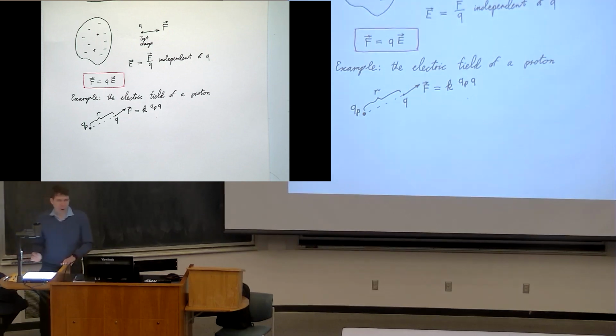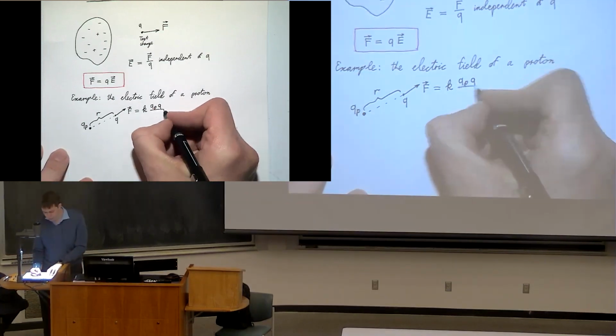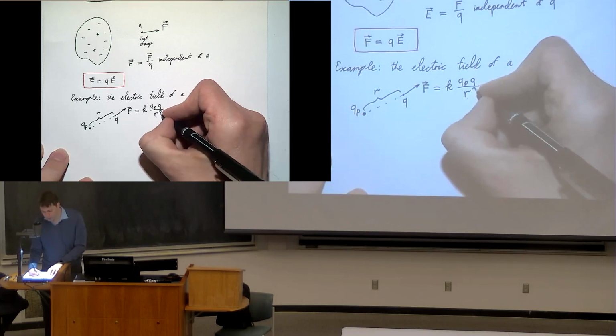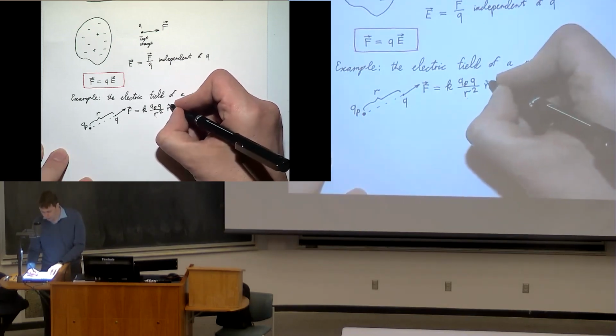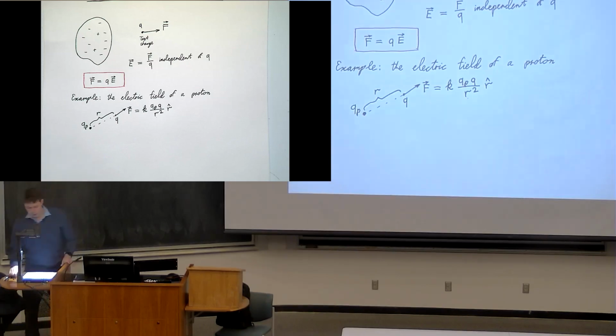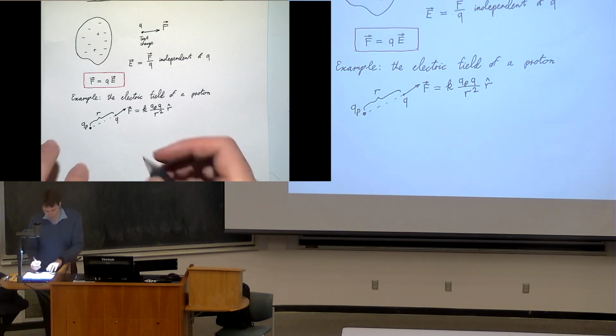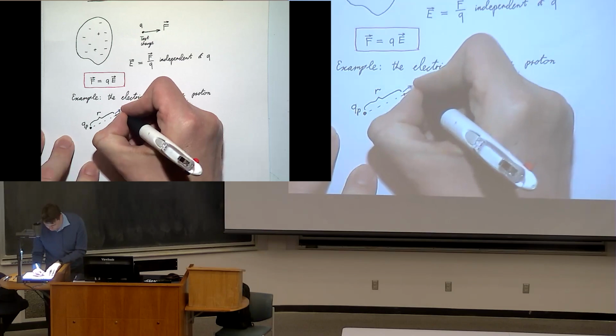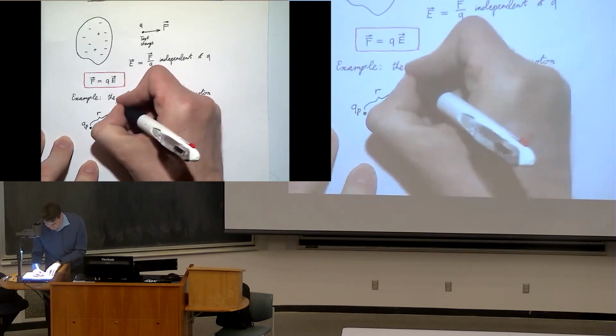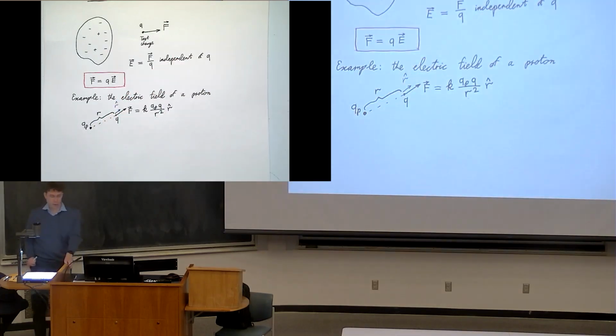That's why I'm not writing absolute values, divided by distance squared and multiplied by a unit vector in the direction along the line connecting the two charges and away from the proton. So this vector r hat is directed like this, and it's a unit vector as usual.